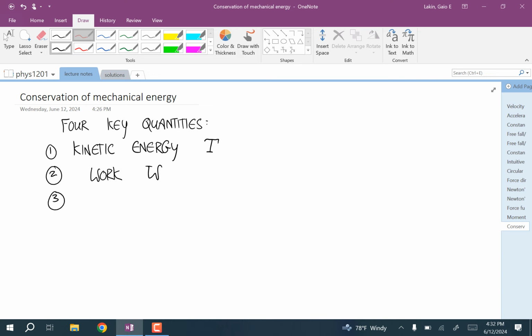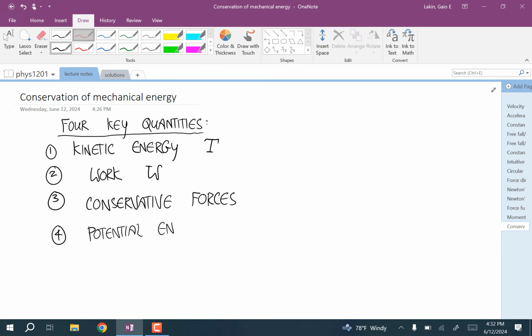And so you want to remember what this means. Conservative forces. And the fourth and last one that you want to keep in mind through this whole discussion is the potential energy. And I'm going to represent that as a capital U.